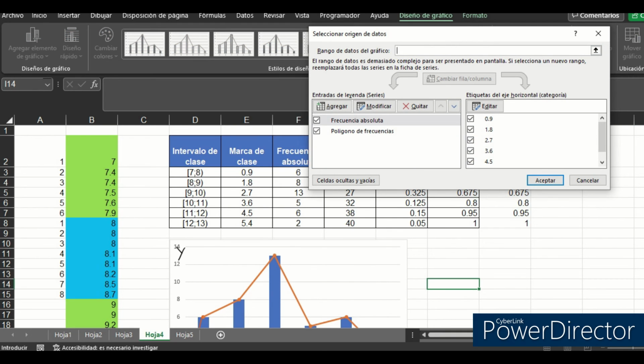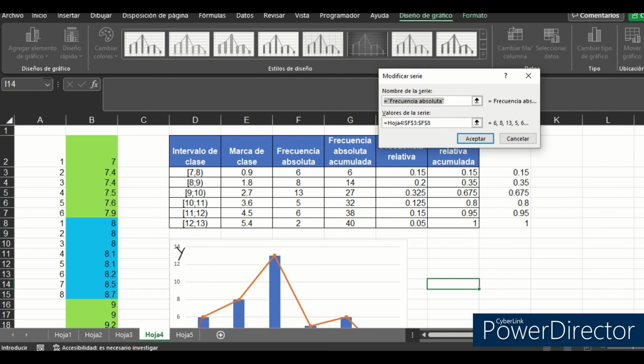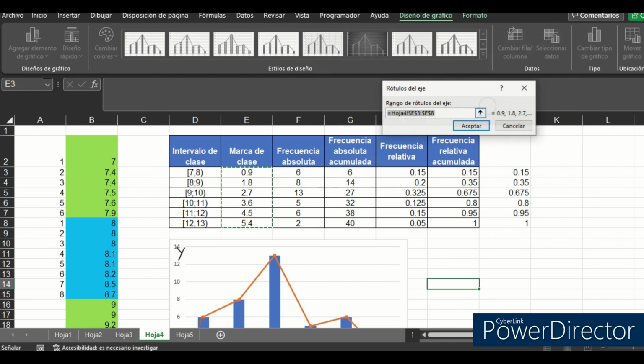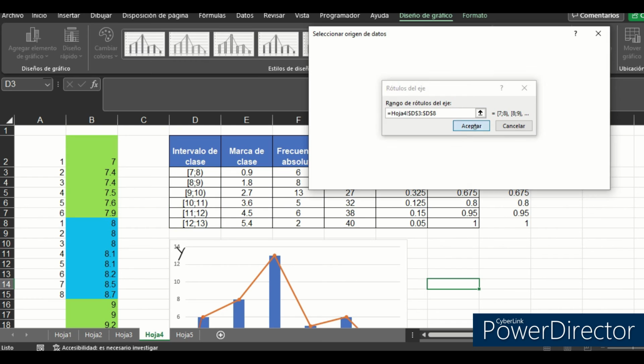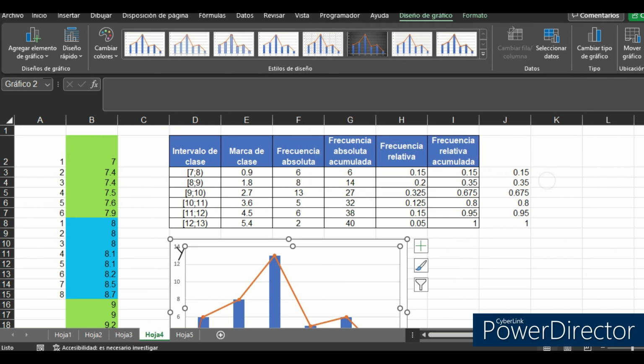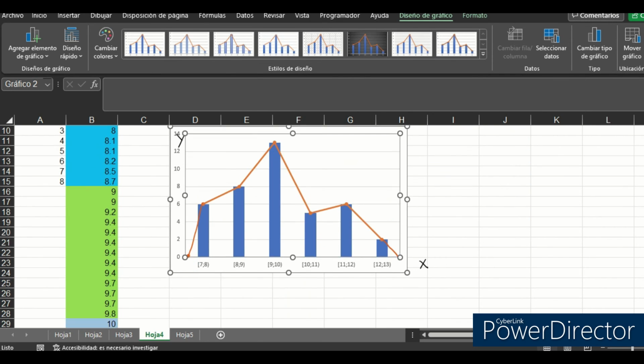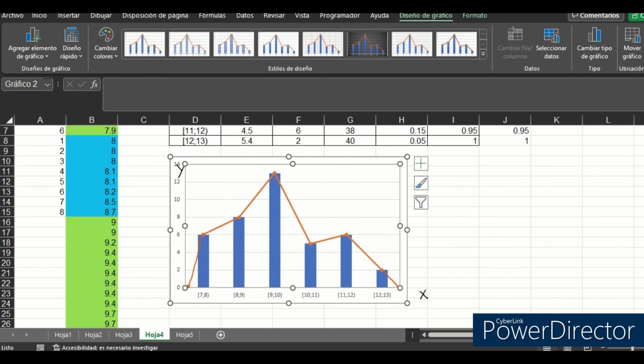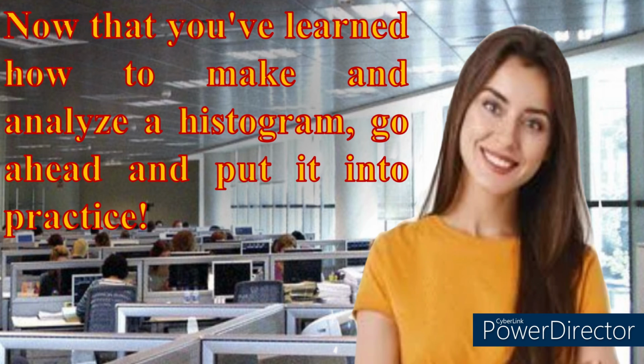In our case, analyzing the histogram, we can observe that there is a greater frequency of diameters in the interval with 14 of the 40 crops in the sample. Now that you've learned how to make and analyze a histogram, go ahead and put it into practice.